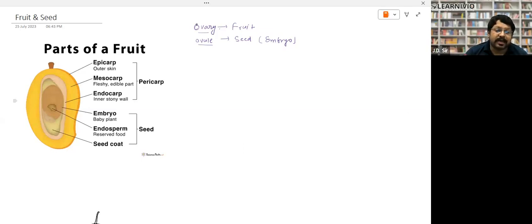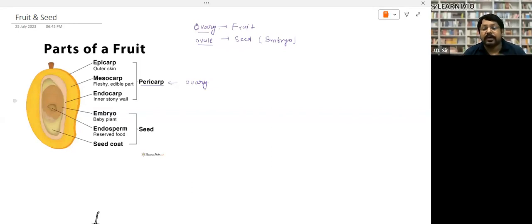Inside there is an inner stony wall, which has hair-like structures and is very hard, called the endocarp. It is not possible for us to eat the endocarp. This whole part, epicarp, mesocarp, and endocarp, is called the pericarp. And from which part have they developed? They have developed from the ovary.